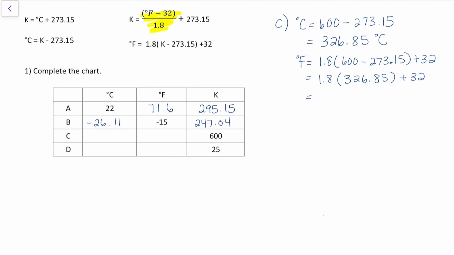Then I'm going to multiply 1.8 times my 326.85 to get 588.33. And I'm going to add 32. And I get 620.33 degrees Fahrenheit. So very, very hot.